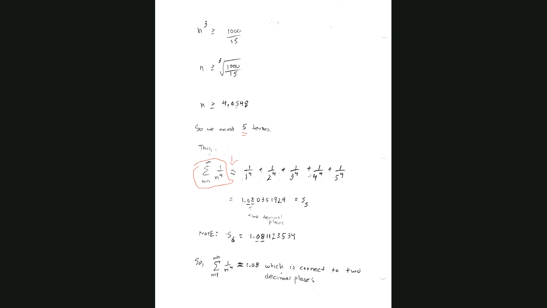The sum is approximately equal to 1 over 1 to the 4th plus 1 over 2 to the 4th plus 1 over 3 to the 4th plus 1 over 4 to the 4th plus 1 over 5 to the 4th. 5 terms. It's the 5th partial sum, and if you add that, you're going to get 1.080351929. And that'll be correct to 2 decimal places.